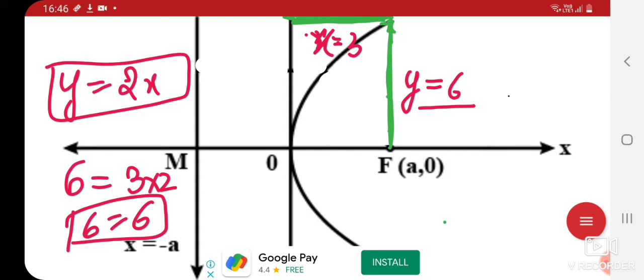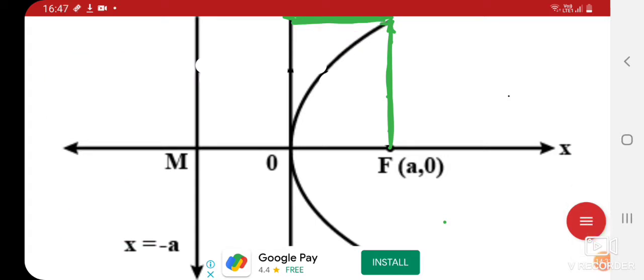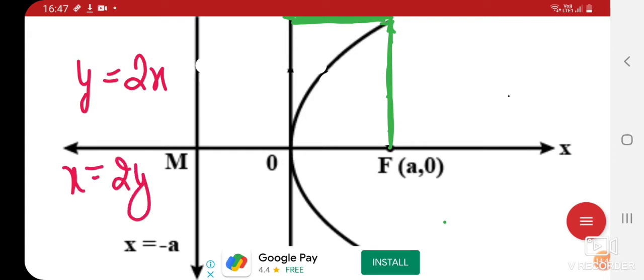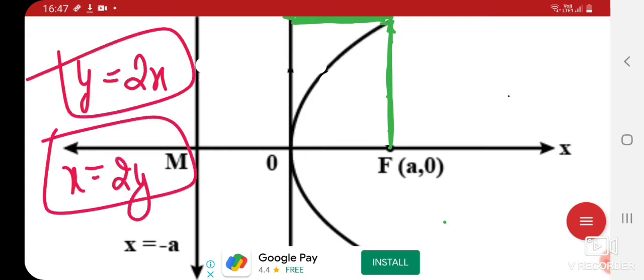whatever the equation is, you can simply say that first of all you need to find the equation, as I have found here that y equals to 2 into x. Similarly, the equation can be x equal to 2y.